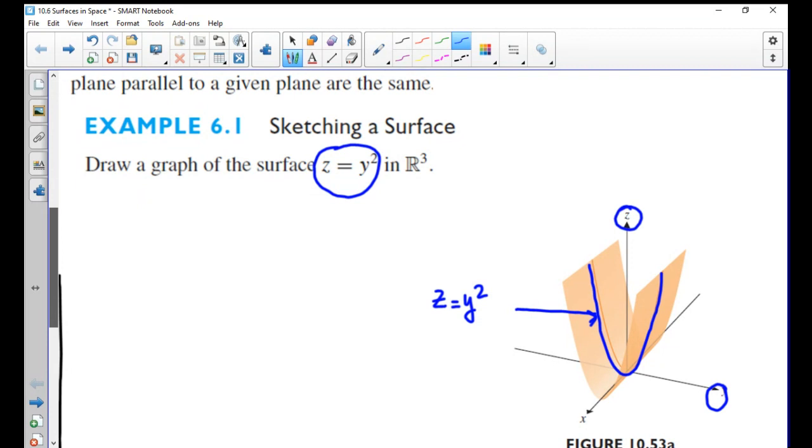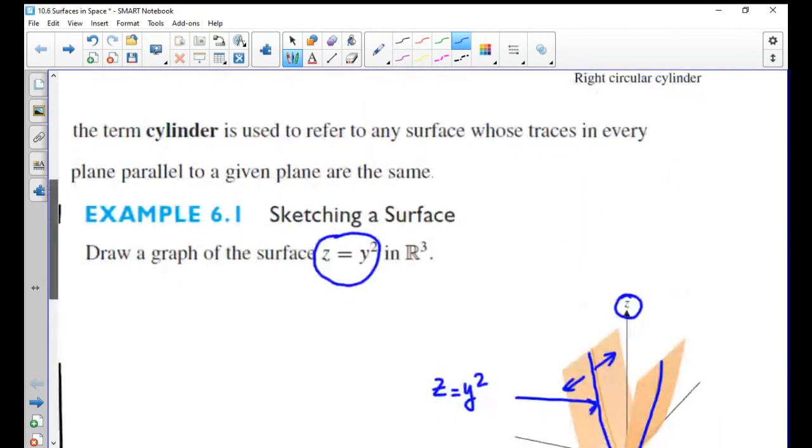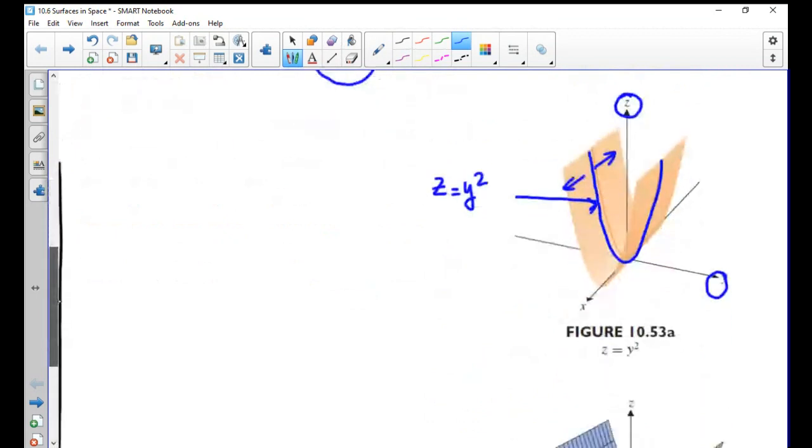Now, because there is no x in this equation, so what do we do with this parabola? We slide it along the x-axis. So this parabola goes in this direction, and it goes in this direction. So it will give you the shape, which is called a paraboloid in basically in 3 dimensions.